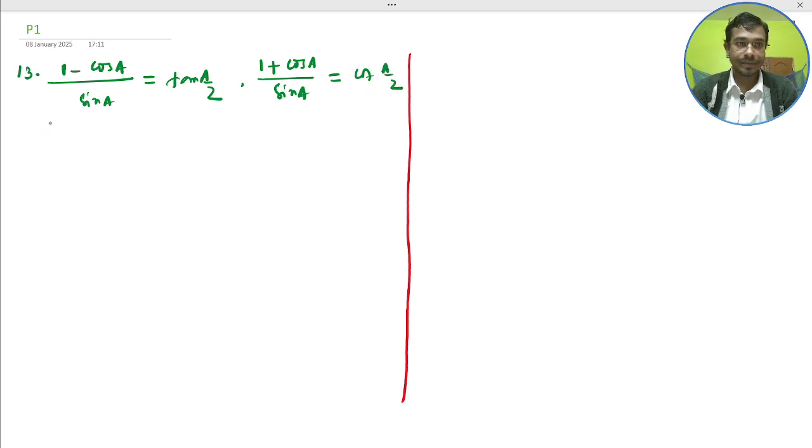Next, 1 minus cos a divided by 1 plus cos a is equal to tan square a by 2.